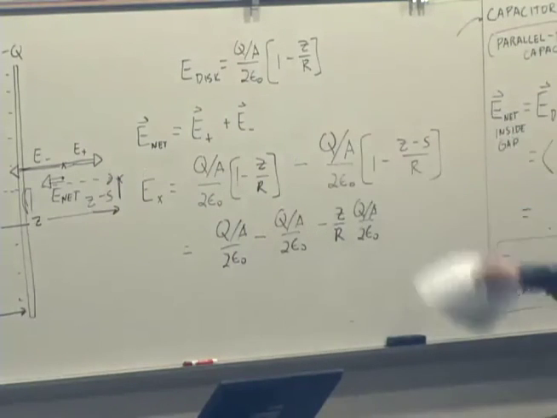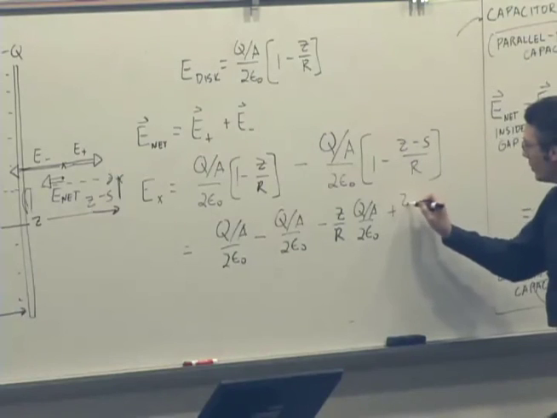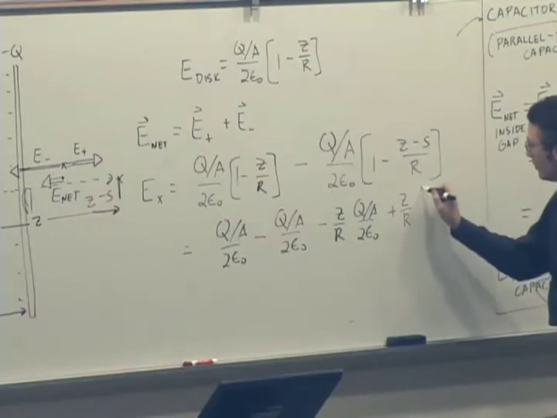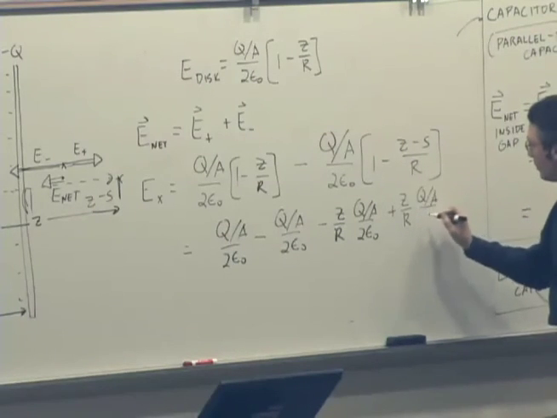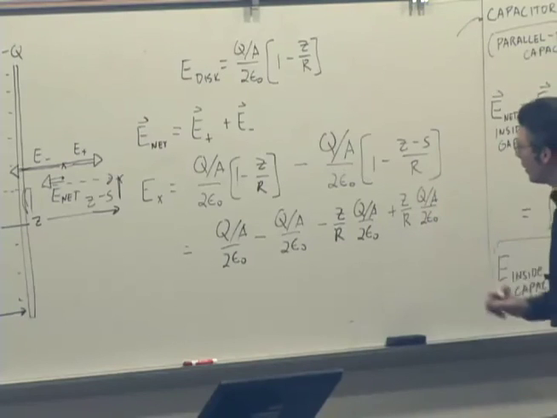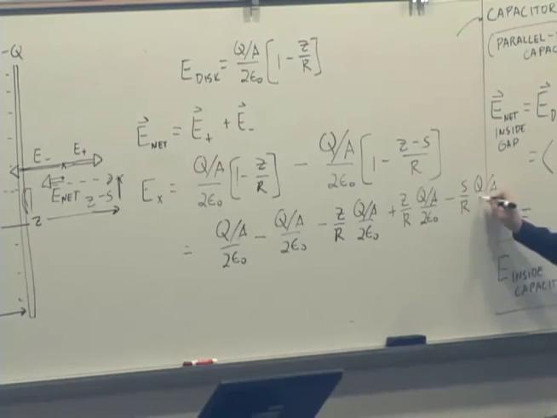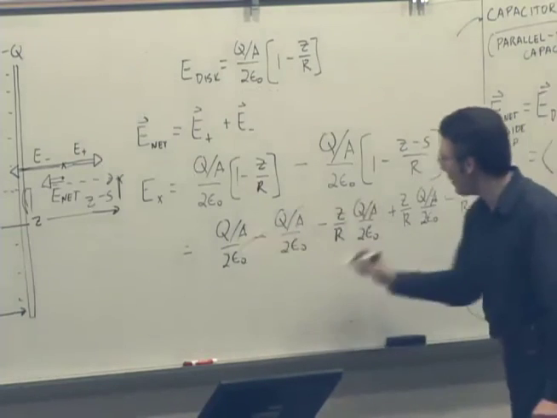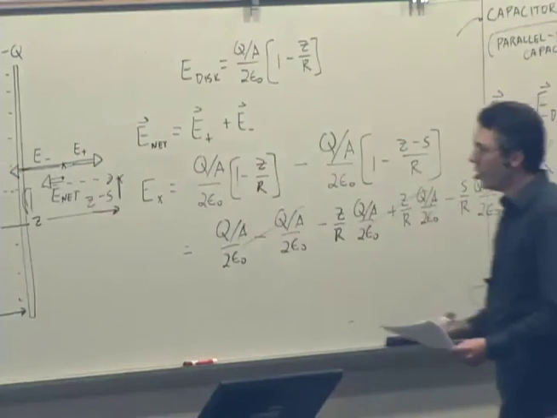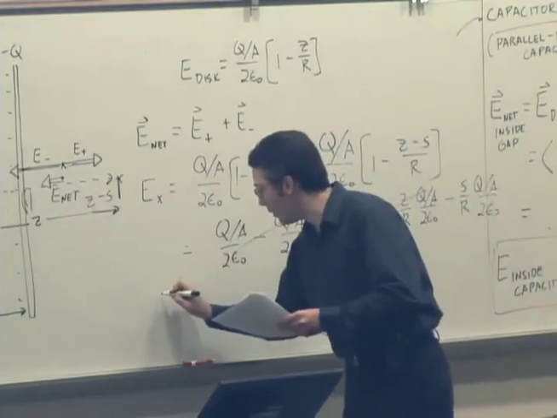If we bring the negative sign inside, we have a plus Z over R times Q over A over 2 epsilon 0. And we end up with a minus S over R times Q over A over 2 epsilon 0 when we work out all the algebra. So a lot of things cancel out here. That cancels out. That cancels out. We end up with the x component. I'm just going to look at the magnitude here.